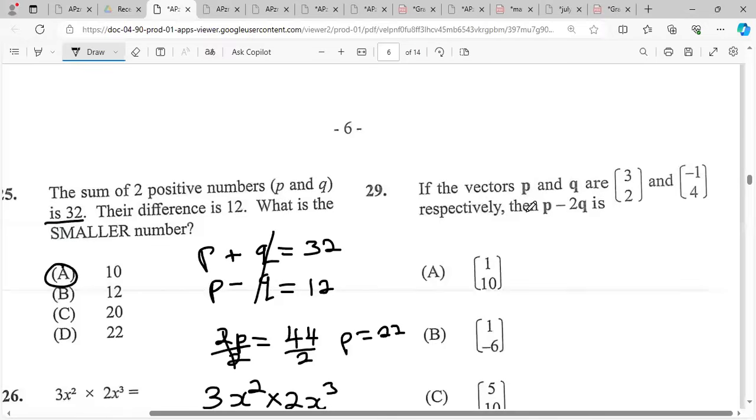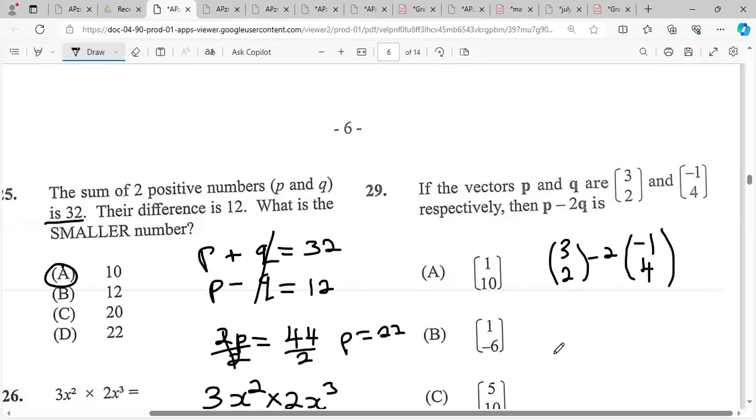All right, if the vectors P and Q are (3, 2) and (-1, 4) respectively, then P minus 2Q is, so P, the order does not change, so it will be (3, 2) minus 2Q. Then we can take it from there.